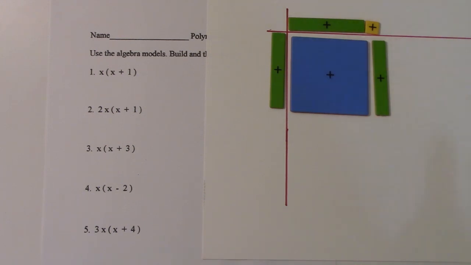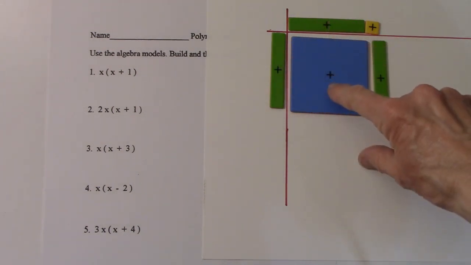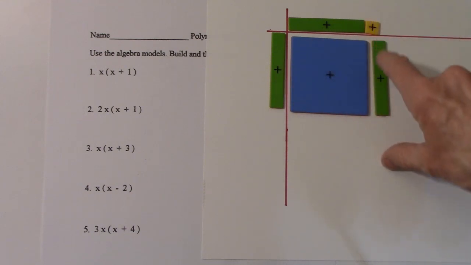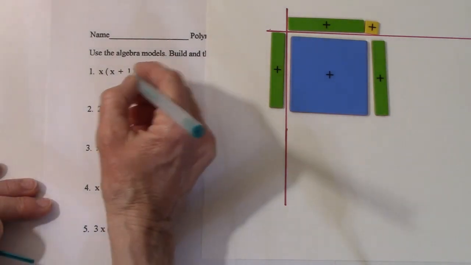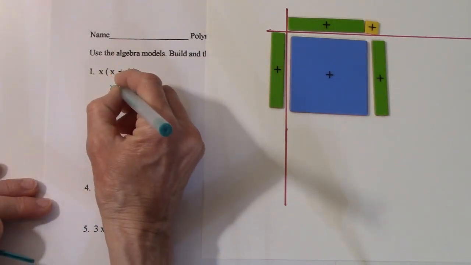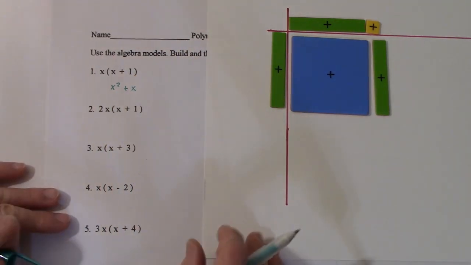It works differently because I have x groups of x plus 1, and x is not a number, it's a variable. So x times x gives me x squared, and x times 1 gives me x. So my answer here is x squared plus x, and I can draw it out.